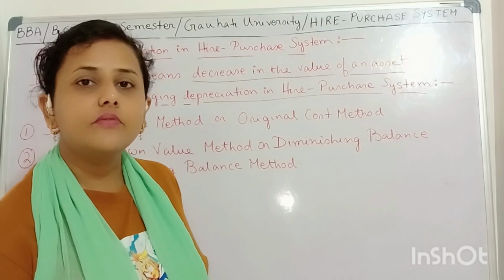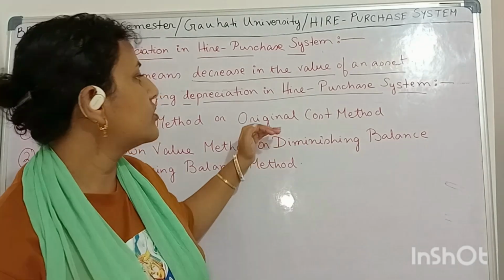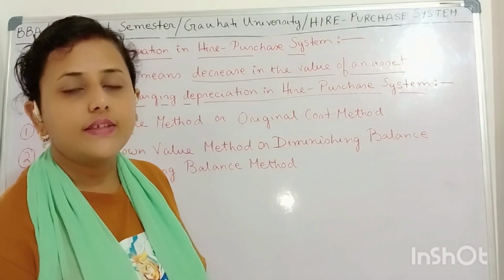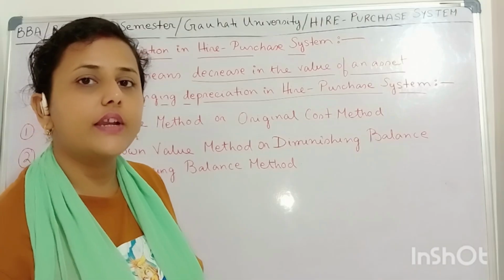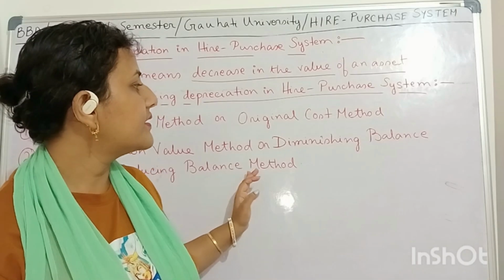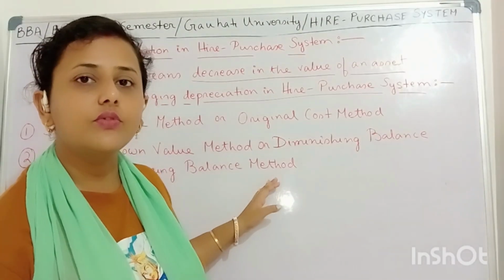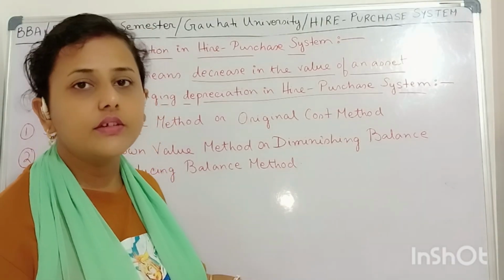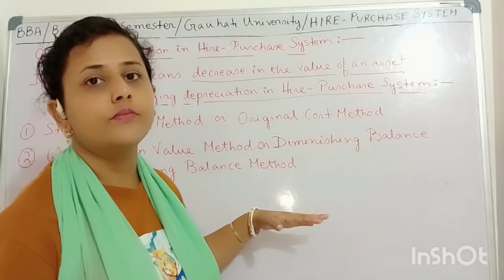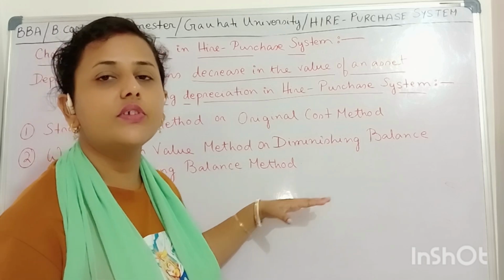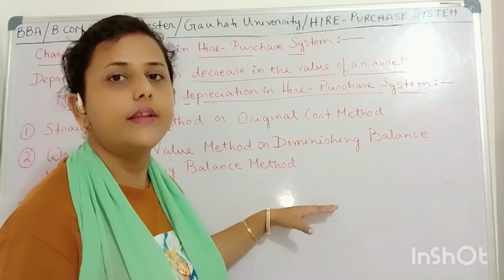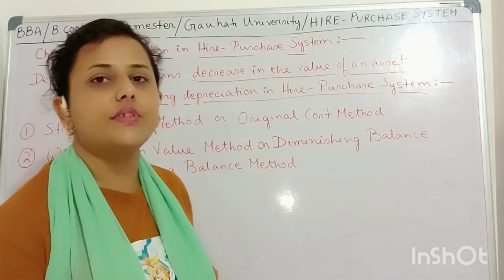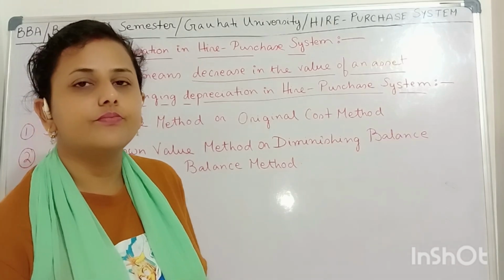It's very easy. In the first method, depreciation is calculated on the cash price of the asset. In the second, the first year is on the cash price, and next year's is on the balance, cash price minus first year's depreciation. On that balance the amount of depreciation will be calculated.